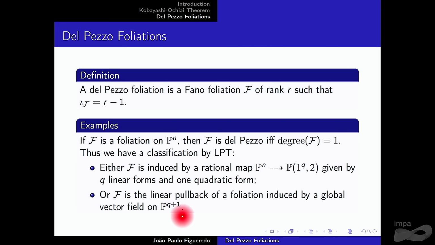Or in the second case, F is the linear pullback of a foliation induced by a global vector field on P^(q+1). So in general, not algebraically integrable. So we already see that Del Pezzo, unlike the previous case of the highest possible index, Del Pezzo foliations can be non-algebraically integrable. All right?